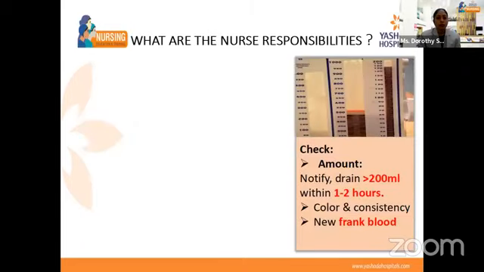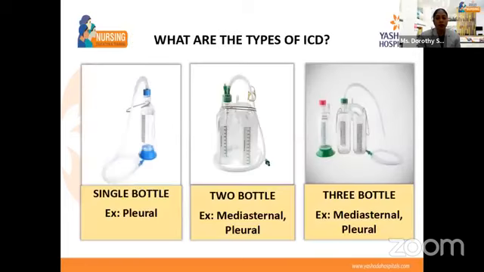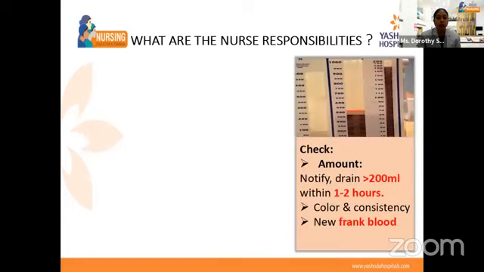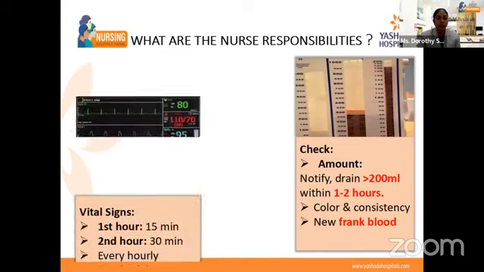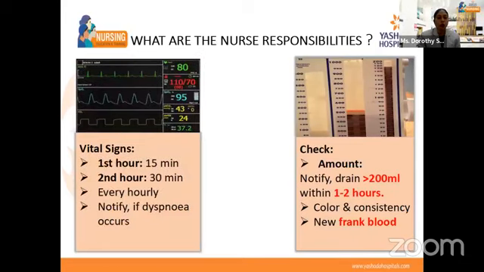So we will come to the important part. What are the nurse's responsibilities in managing the patient with ICD drain? First and foremost is checking of the vital signs, which is very important. A nurse is advised to check vital signs every 15 minutes for the first hour, every 30 minutes for the second hour, and hourly following that.